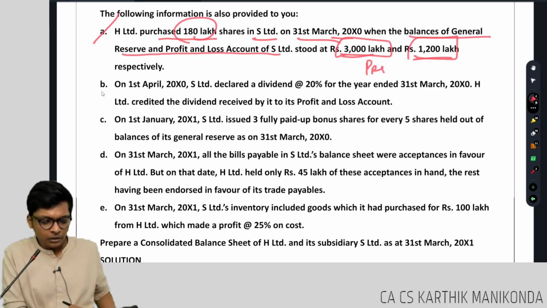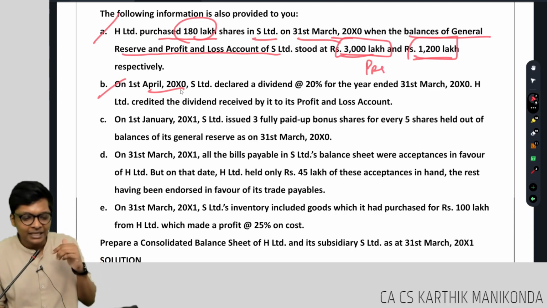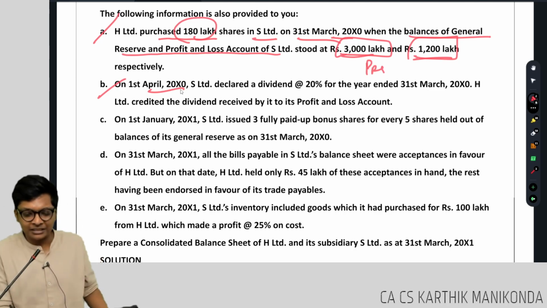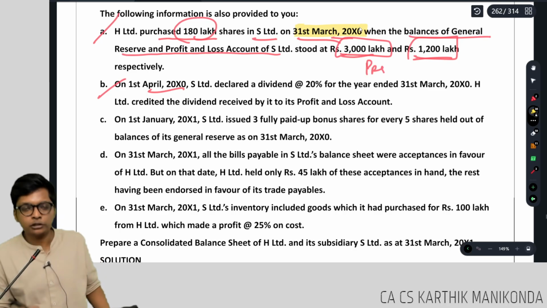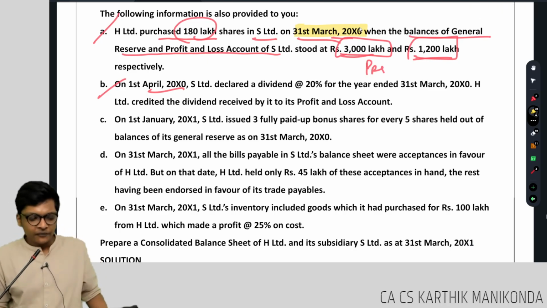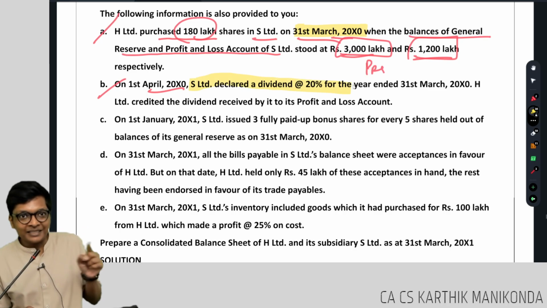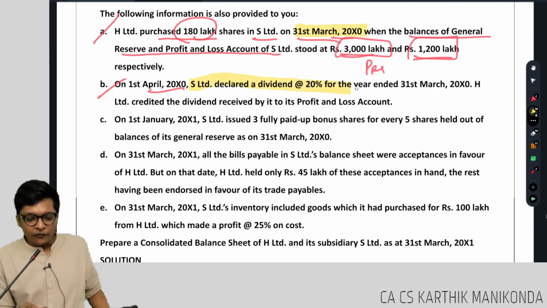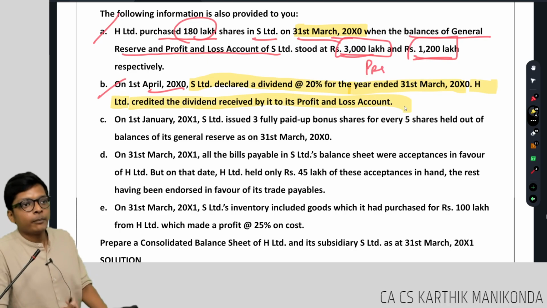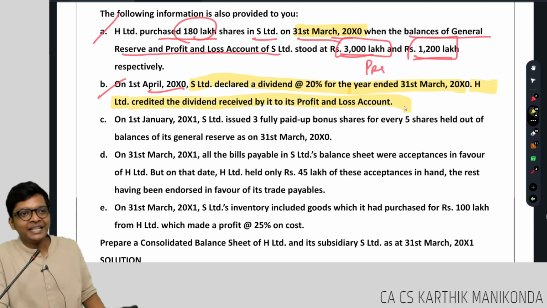Next, 1st April 2020, immediately after acquisition. Look at this, acquisition is on 31st of March, and on 1st April, immediately after acquisition, S Limited declared a dividend of 20%. This is subsidiary dividend. For the year ended 31st March, H Limited credited the dividend received to its profit and loss account. Is this pre-acquisition dividend or post-acquisition? Pre-acquisition. Why pre-acquisition?